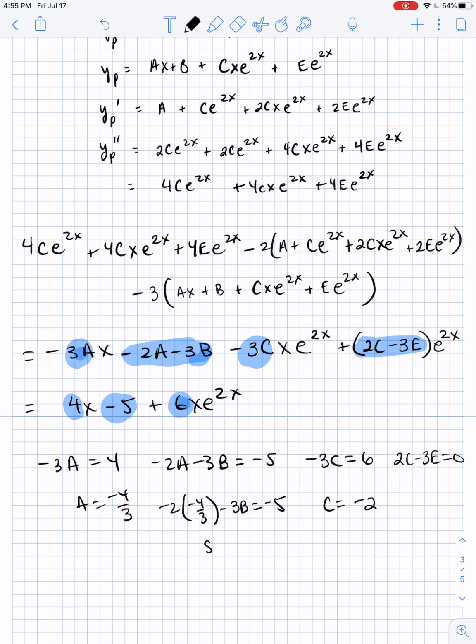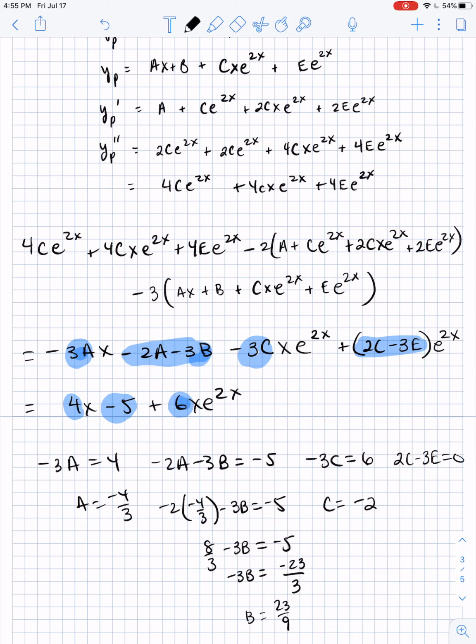So I have 8/3 minus 3b equals negative 5, so negative 3b is going to equal negative 23 over 3, so B is going to be a positive 23 over 9.